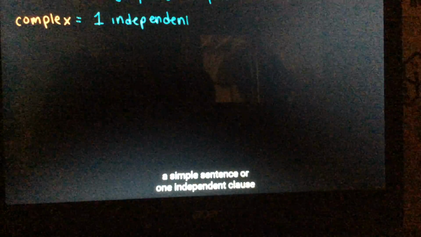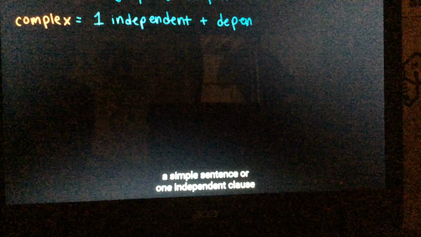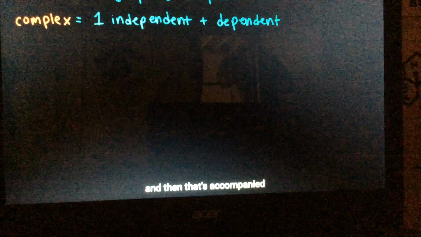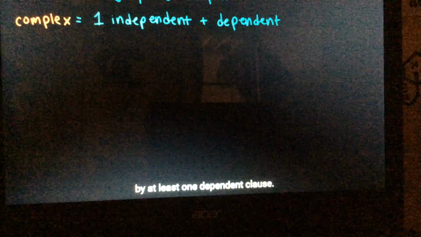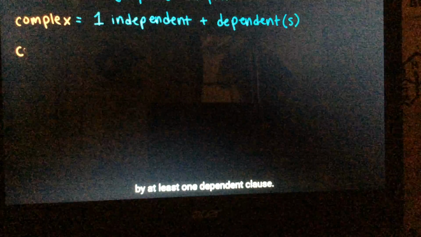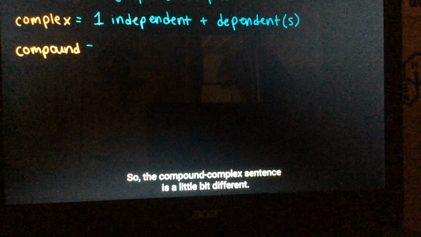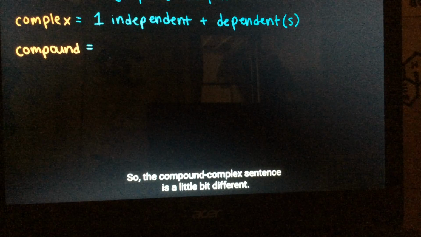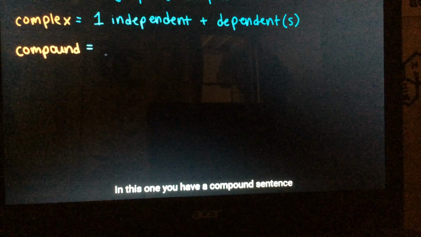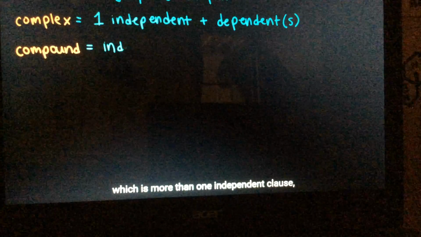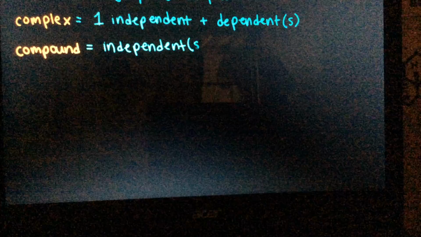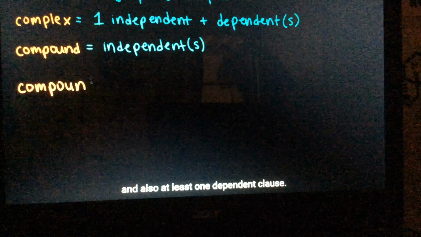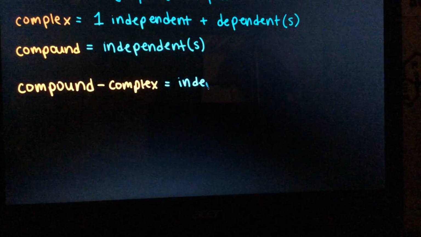So we just covered complex sentences in the last video, which is where you've got a simple sentence or one independent clause, and then that's accompanied by at least one dependent clause. So the compound complex sentence is a little bit different. In this one, you have a compound sentence, which is more than one independent clause, and also at least one dependent clause.